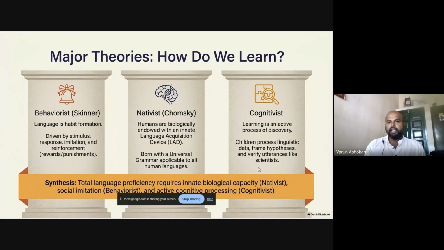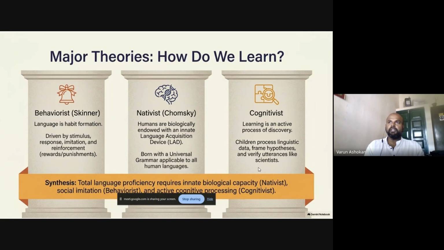Then we have the nativist theory, one of the interesting theories proposed by Noam Chomsky. We all know Noam Chomsky and his theory. He talks about the language acquisition device.